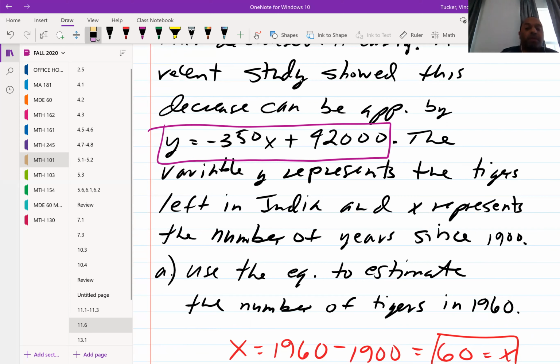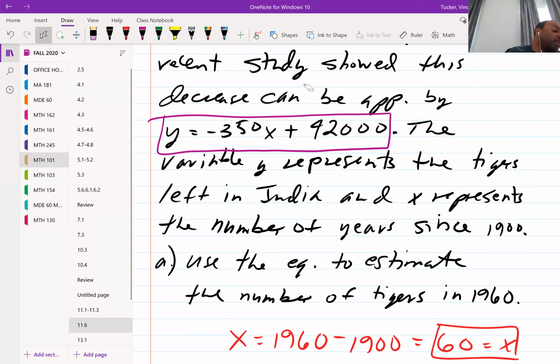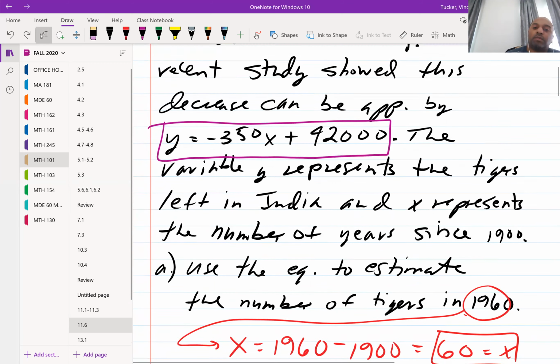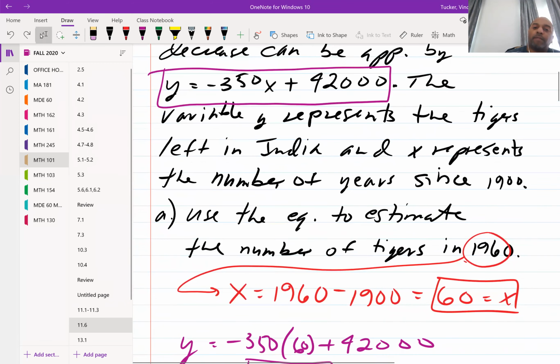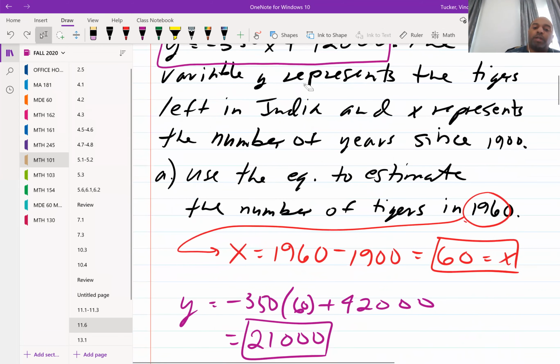So don't forget x represents the number of years since 1900. So in order to know what x would be, we would take 1960 and minus 1900 from it. And so that means x would actually be 60. So we'll plug in 60.